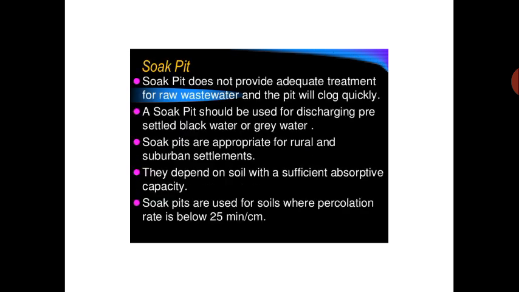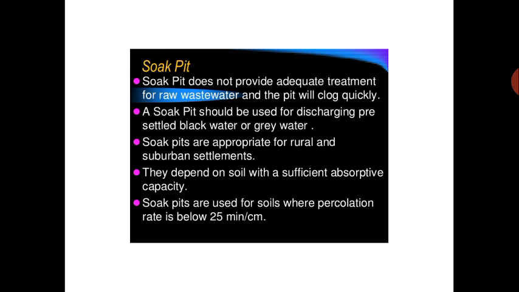We'll start with the soak pit. A soak pit does not provide adequate treatment for raw wastewater, and the pit will clog quickly. Raw water is not used at all; only the treated wastewater coming from the septic tank is used for the soak pit.